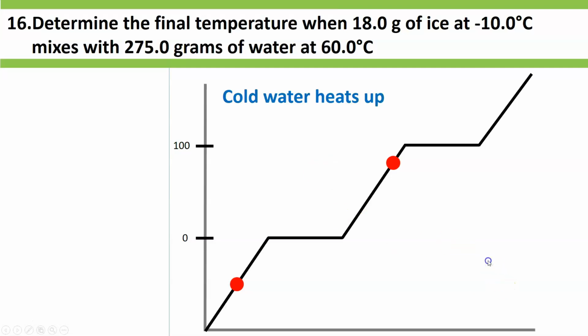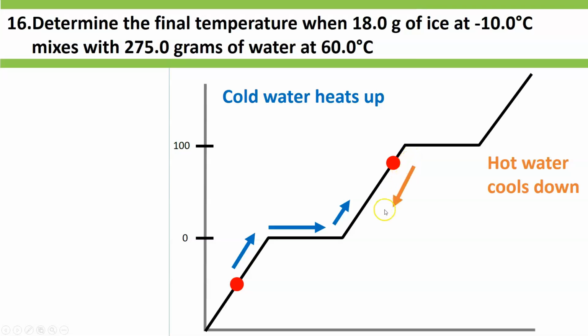So the cold water is going to heat up. The hot water is going to cool down. We're going to have to heat that ice up. We're going to melt it. We're going to heat it up. Meanwhile, this stuff is going to cool down.